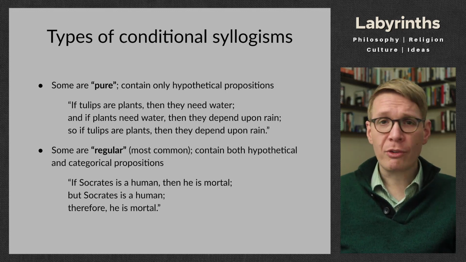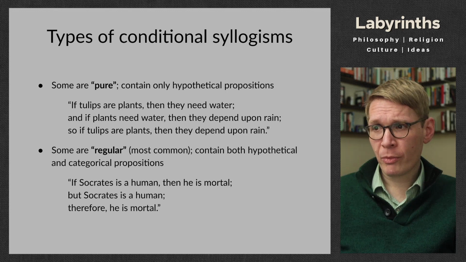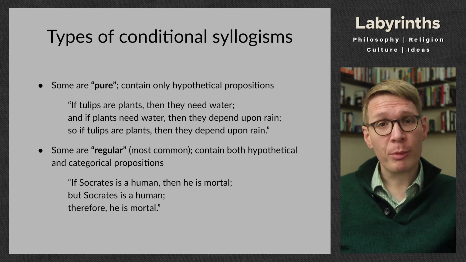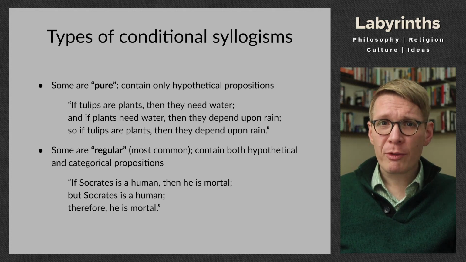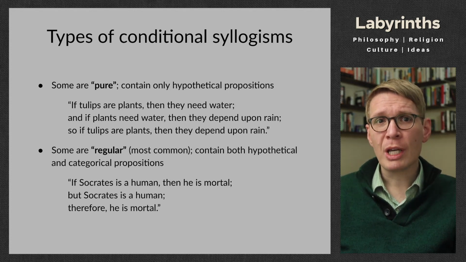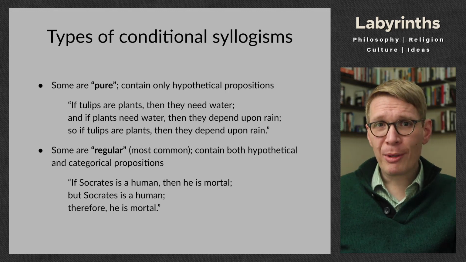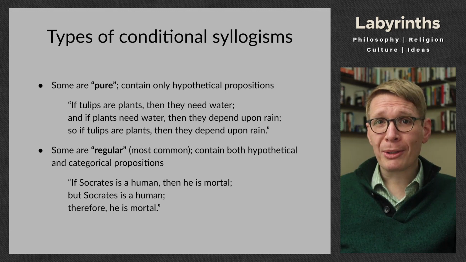If Socrates is a human, then he is mortal. But Socrates is a human, therefore he is mortal. So the example of this we've seen all the way up to this point in the course has always been a categorical proposition, but here we see the same argument expressed in the form of a regular conditional syllogism. There we go.